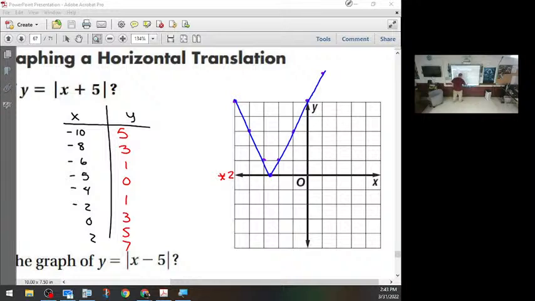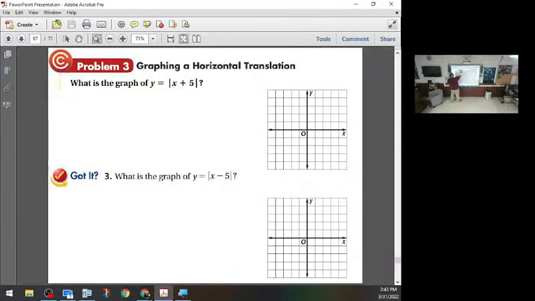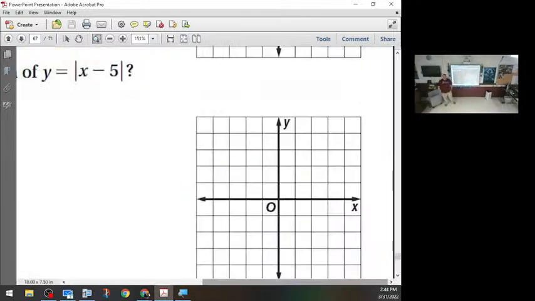So I'm going to have you do it one more time by table. And I want you to see if you can figure out the pattern here about what's going on. You choose whatever points you're going to choose, but you have to be able to see the V. I recommend choosing positive numbers.